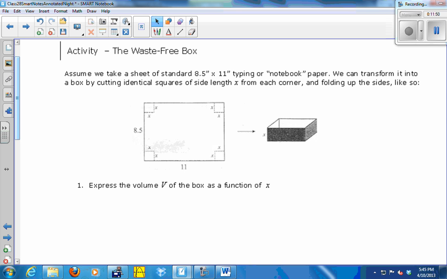So I tear out a little square from each corner, and then I fold up each of these little notches that I've created, and tape them together, and it makes a box. All right, so the question is, how big a square should I cut out of each corner to maximize the volume of the box, to make the biggest box possible?